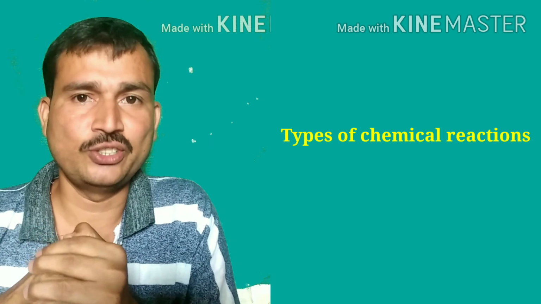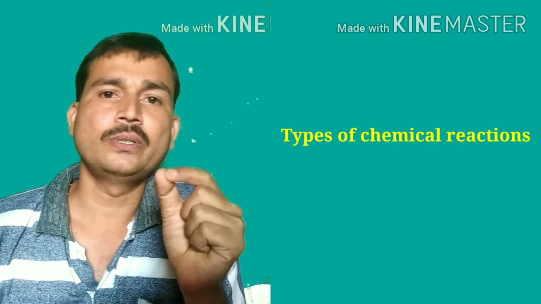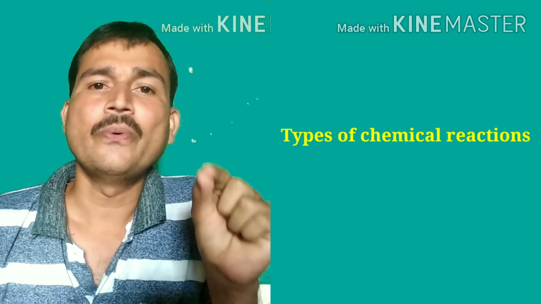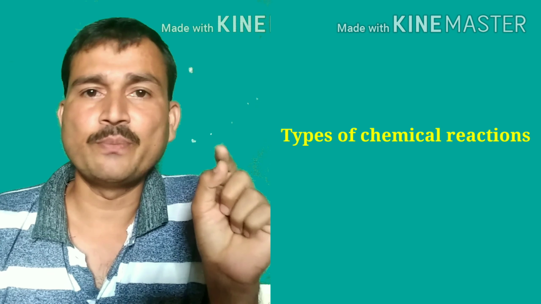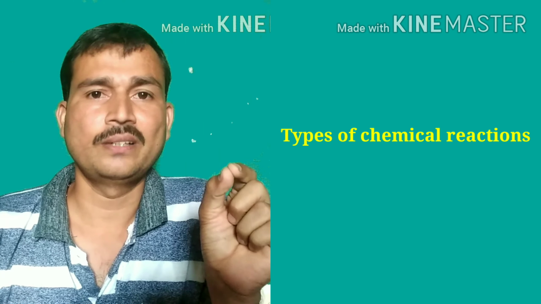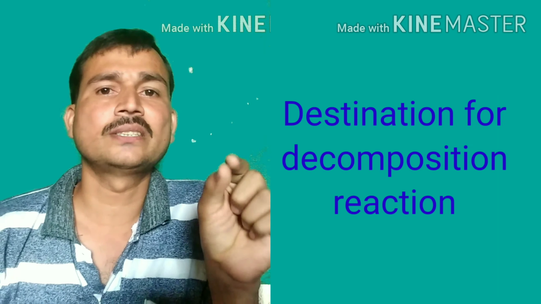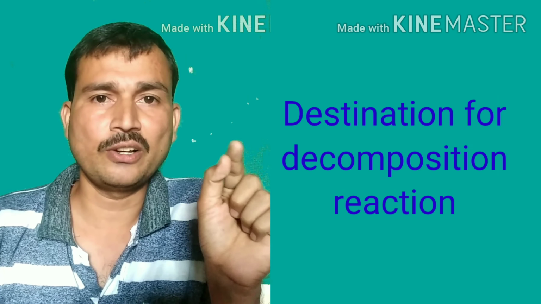Today we are studying types of chemical reactions. If you understood the definition of combination reaction, it would be very easy to know decomposition reaction in a word, because it is exactly the reverse of chemical combination.